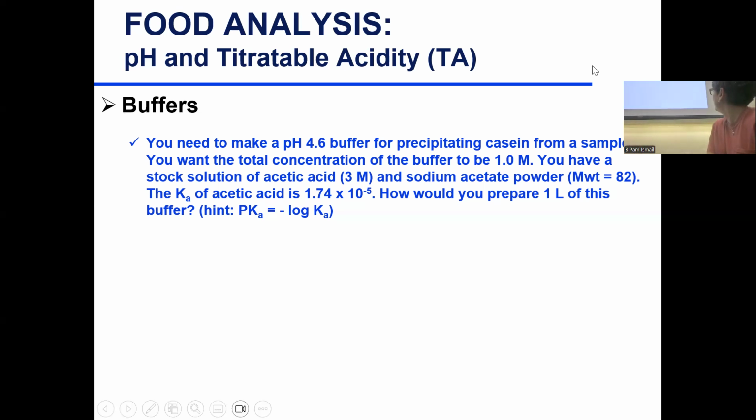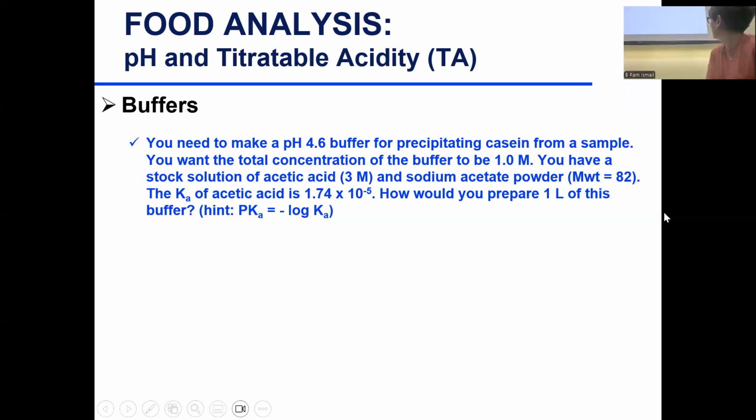The conjugate base is your sodium acetate and given as a powder, a solid.